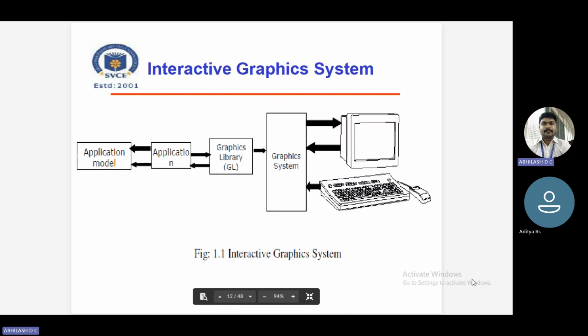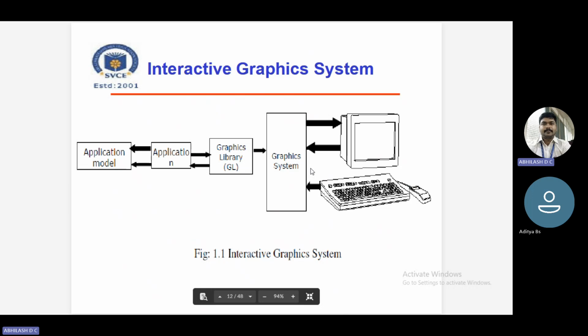So next comes the interactive graphics system. So this is a model of how a graphic system actually works. So we have our personal computer over here. This personal computer will have a system called the graphics system, right? So today, most of our machines are equipped with the graphics system because of something called GPUs.